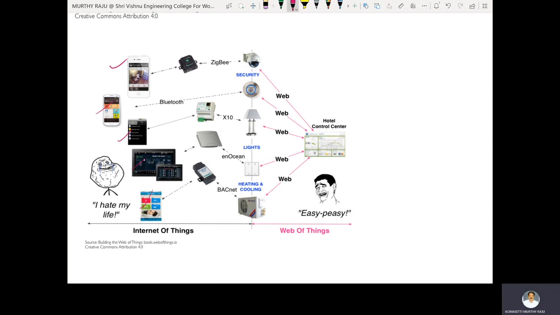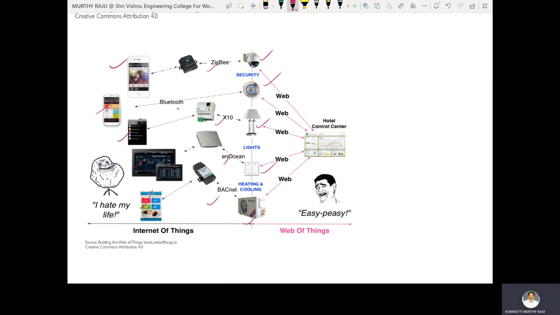For security, we use cameras. These two are the cameras. This one is a light. This is also a light. Heating and cooling, that means HVAC. These are the appliances. These are the protocols or technologies, and these are the devices.